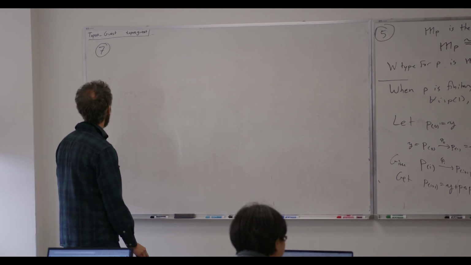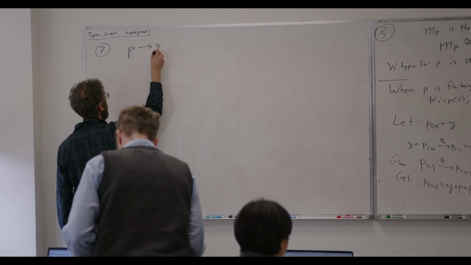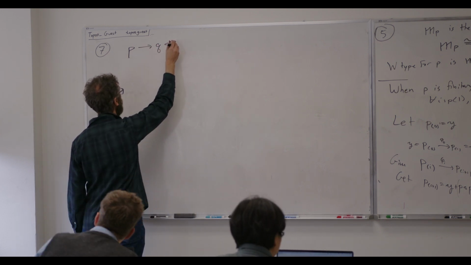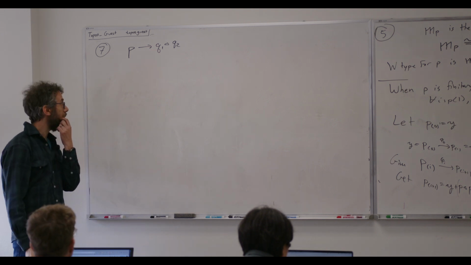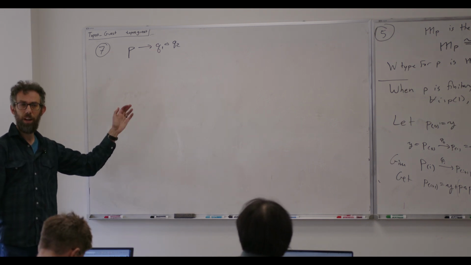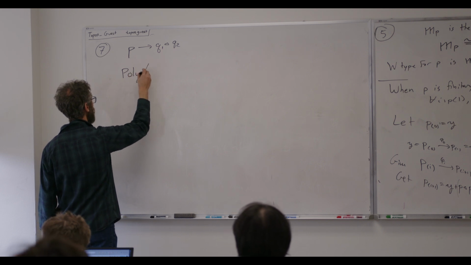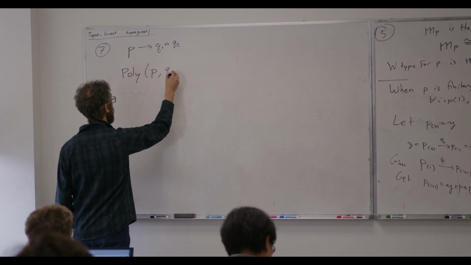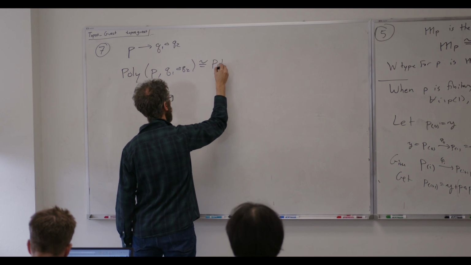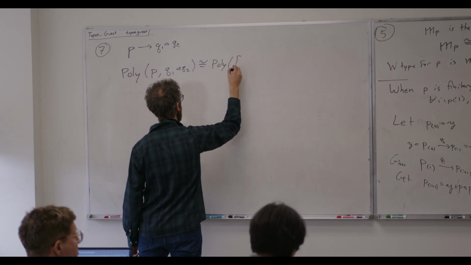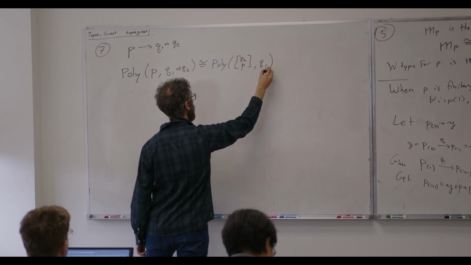Okay, I wanted to tell you, I've been saying for a while that maps into a trie are easier. One way to say that is there are two interesting things. We've said one of them before: Poly(p, q2, q1).